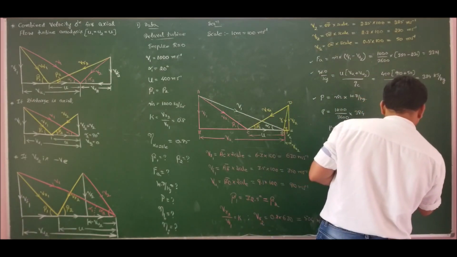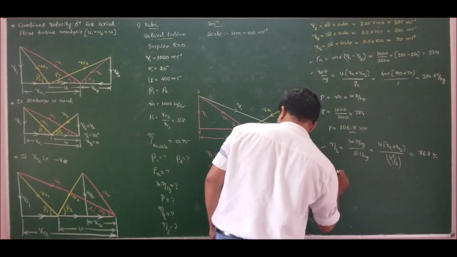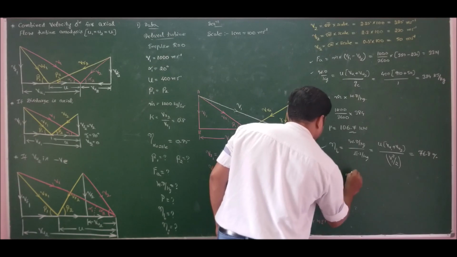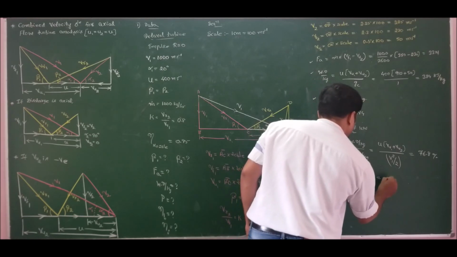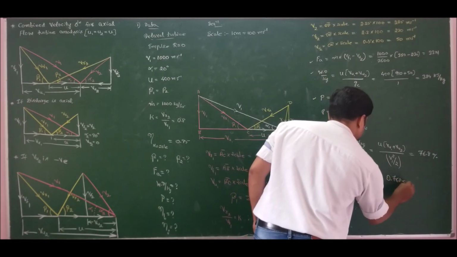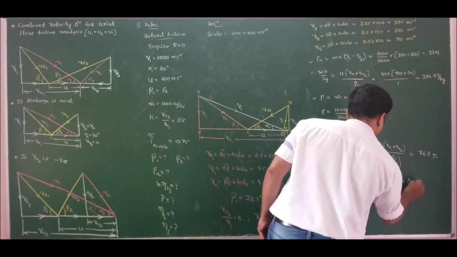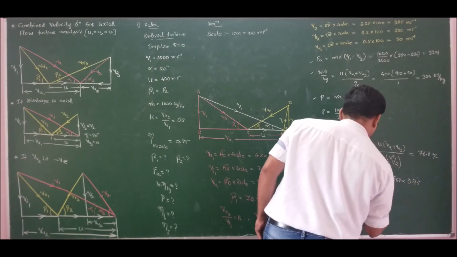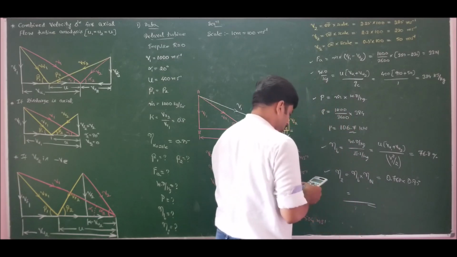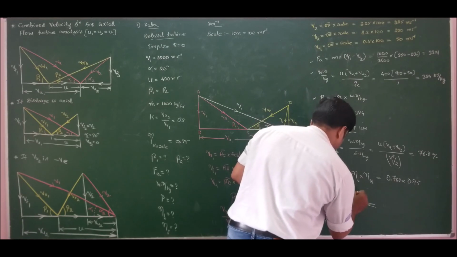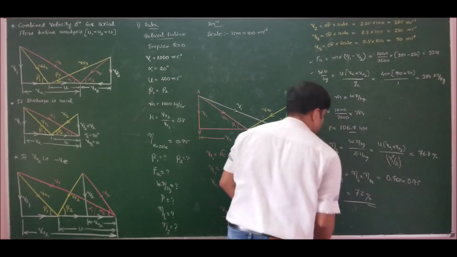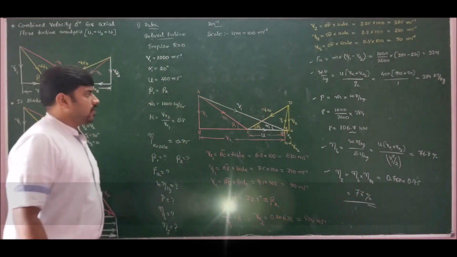So blade efficiency is 76.8%. Hence finally we have stage efficiency. Stage efficiency is equal to blade efficiency into nozzle efficiency. Blade efficiency is 0.768, nozzle efficiency is 0.95. Hence we get stage efficiency as 72.96. I can take it as 73%. So this is the solution for the given problem.